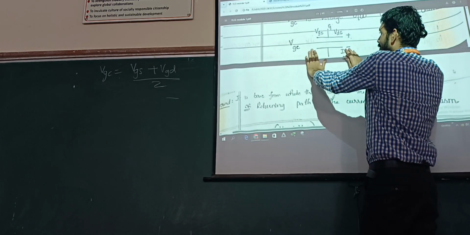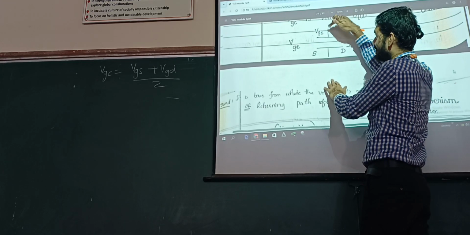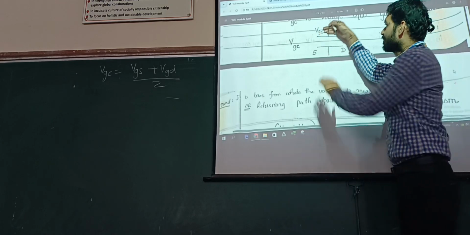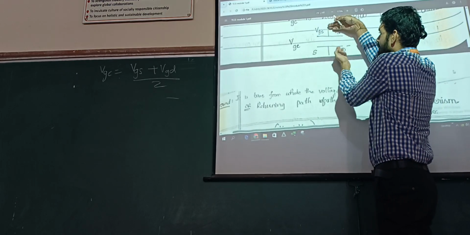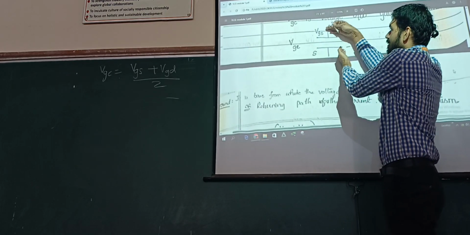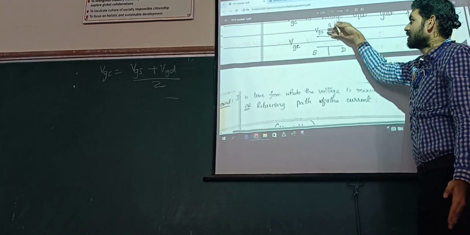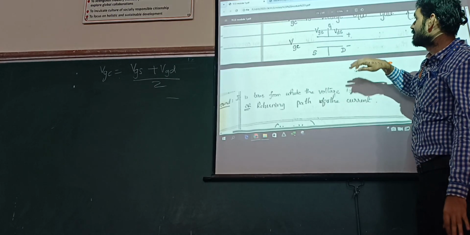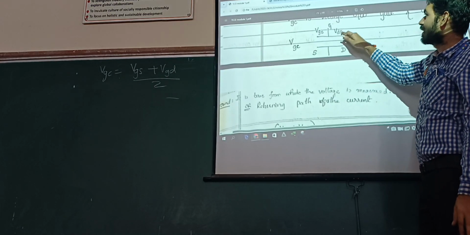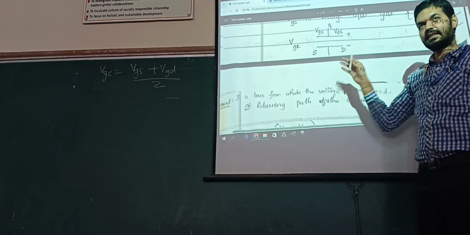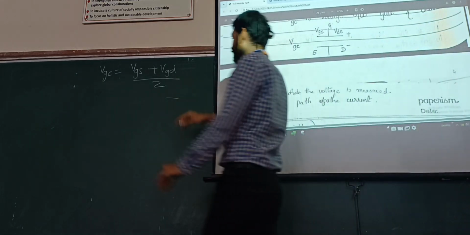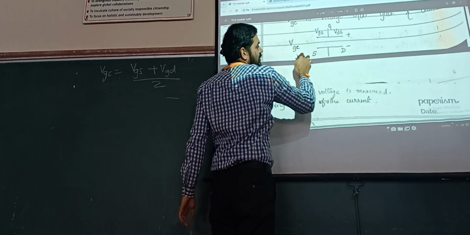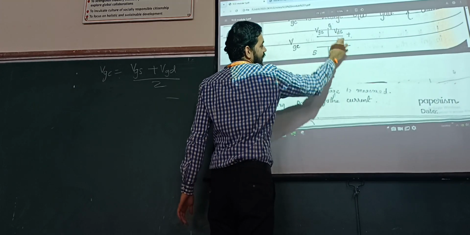The voltage difference between gate and source is VGS, and between gate and drain is VGD. I am also applying a VDS at the drain. So VGC is actually VGS plus VGD divided by 2.